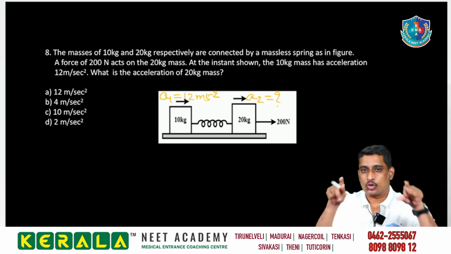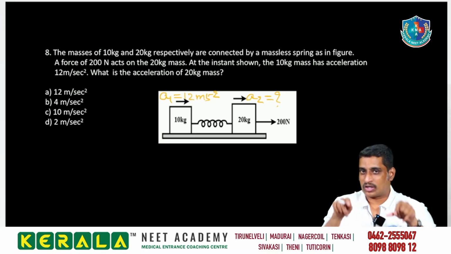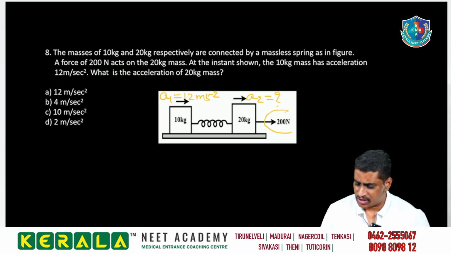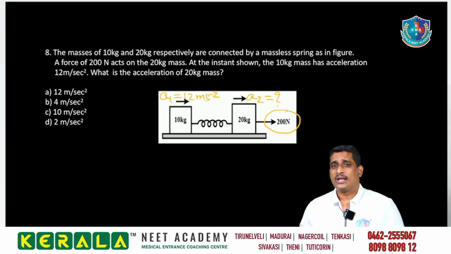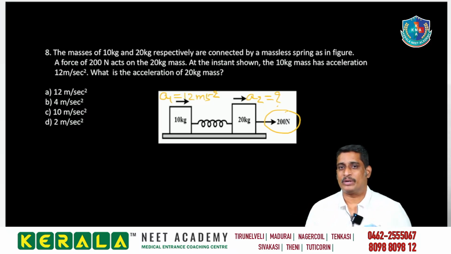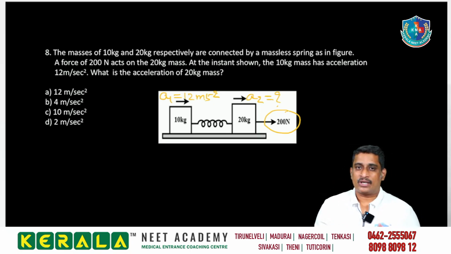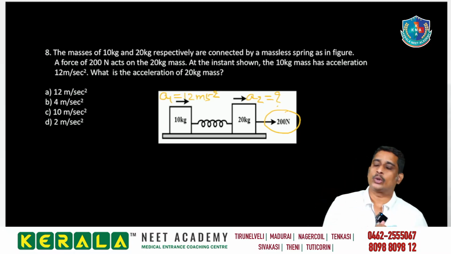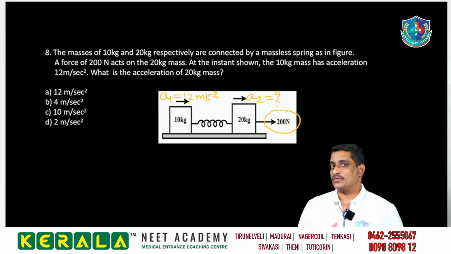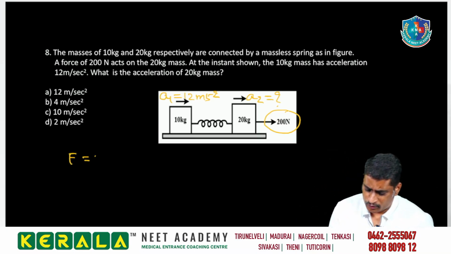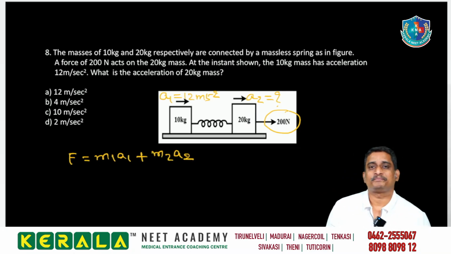If you consider these two particles or blocks together as the system, then the total external force acting over the system is nothing but the 200 Newton, and the spring forces between the blocks become internal forces. So for this system of two particles of masses 10 kg and 20 kg, the total external force applied over the system will be given by total applied force equal to M1A1 plus M2A2.